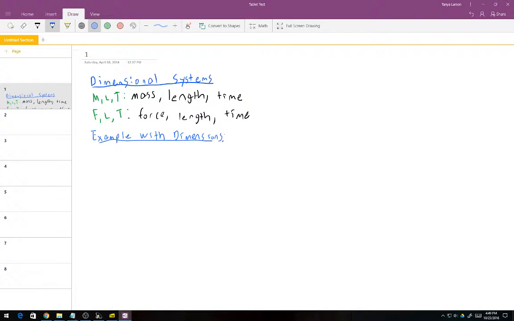Let's say I want to look at the Reynolds number, probably the most important dimensionless parameter that we'll see in fluid mechanics, and let's say I want to verify that the Reynolds number, equals rho v d over mu, is dimensionless.